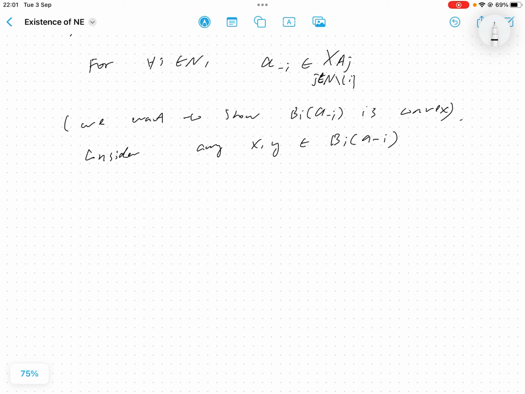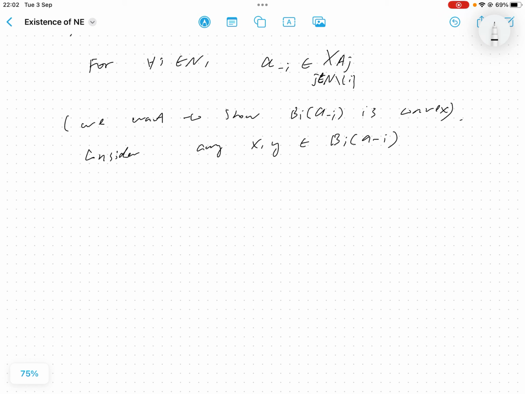Because those are elements in the best response correspondence, we must have that x and y give higher utility than the other actions.